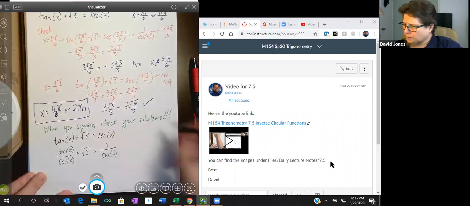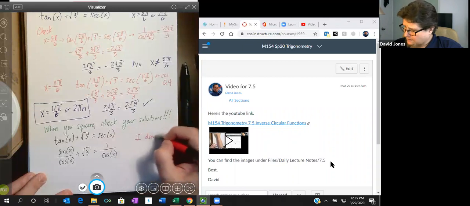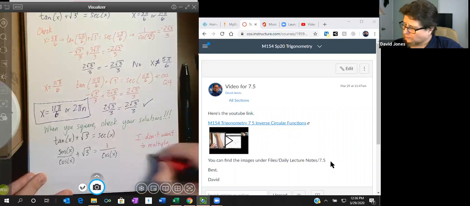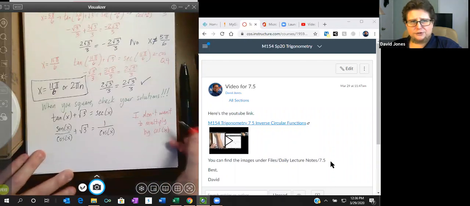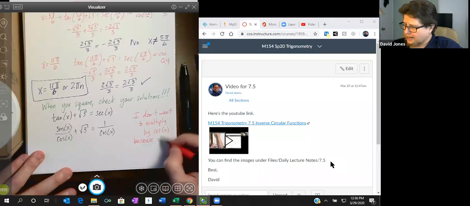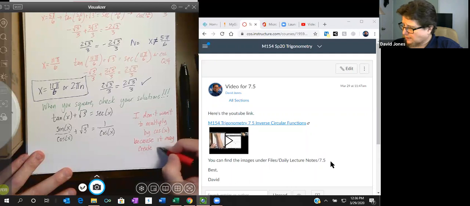I don't want to multiply by cosine x, because it may introduce some shady stuff. It may create bad juju. Like really bad. Like eliminate answers bad.